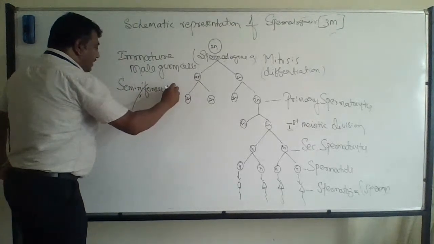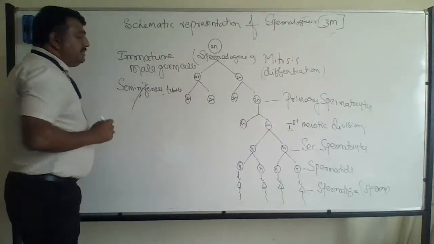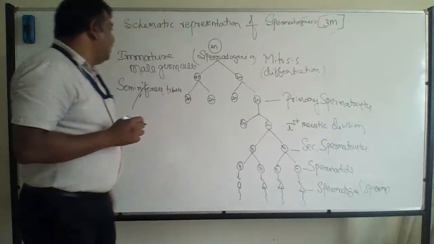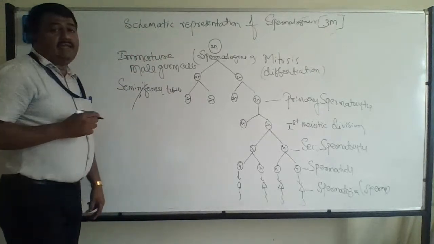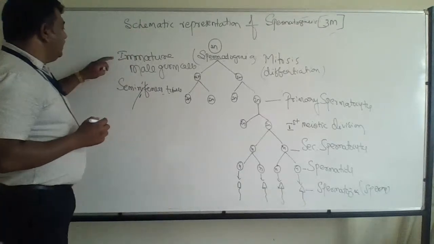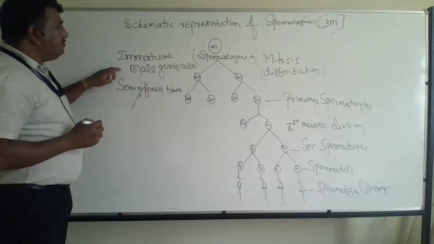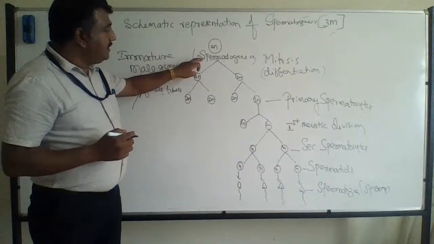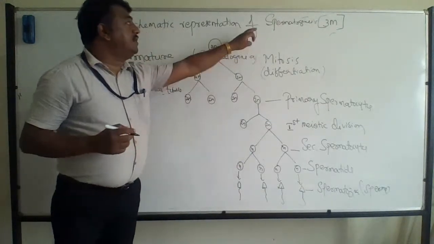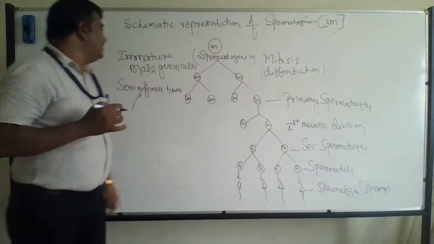In that we mentioned two types of cells: one is spermatogonia, another one is Sertoli cells. This immature male germ cell, or spermatogonia, is responsible for the formation of sperm through a process called spermatogenesis.